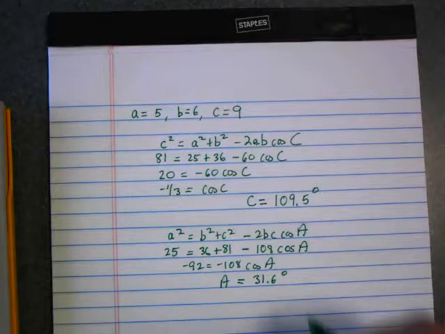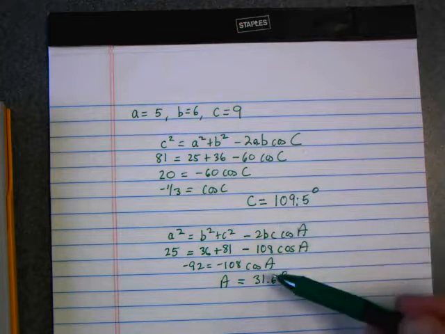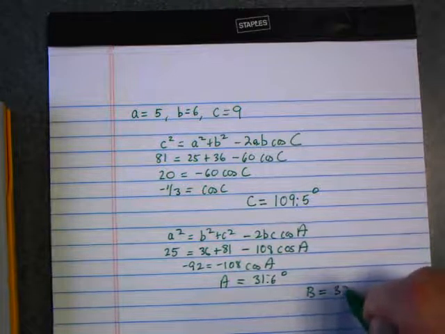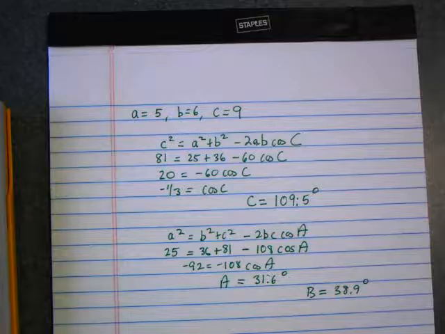And then to find B, I would do 180 minus that. I wouldn't do the law of cosines again. I'm going to take my chances that I did okay there. 180 minus 109.5 minus 31.6 is 38.9. Questions?